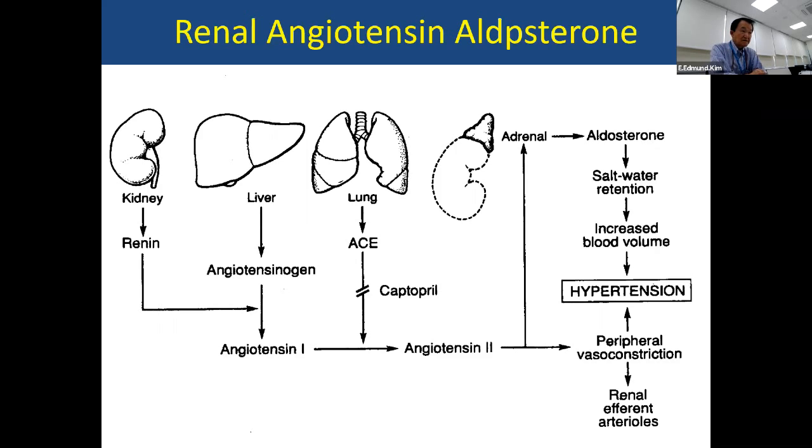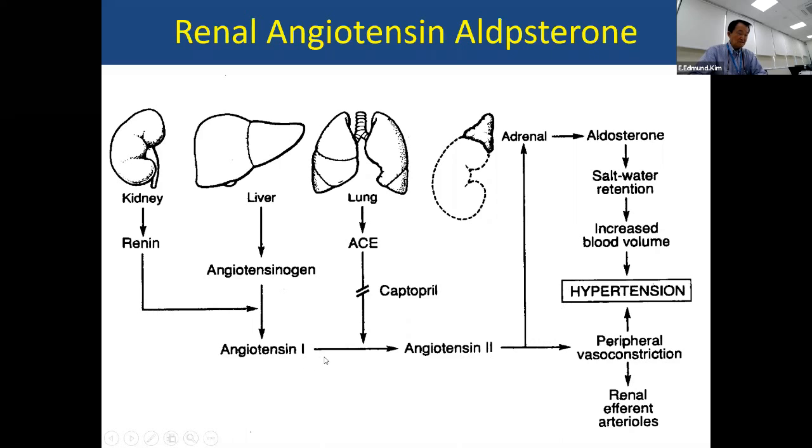Okay, you already know the renin-angiotensin-aldosterone system to explain renal hypertension. Renal hypertension is caused by constriction of the renal afferent arteriole and/or increased blood volume, which is influenced by angiotensin 2.